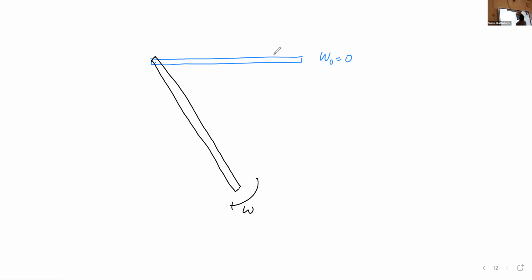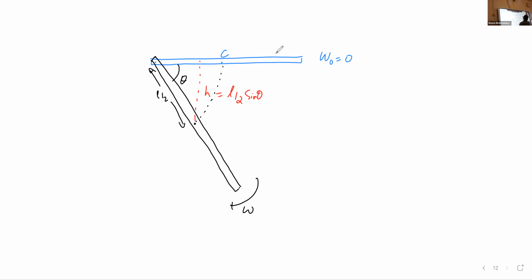The center of mass has moved from this position through an angular displacement theta. So vertical displacement of the center of mass is how much? L by 2 sine theta. So this H is L by 2 sine theta.